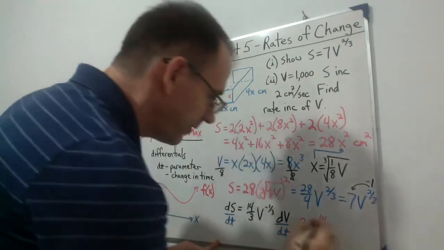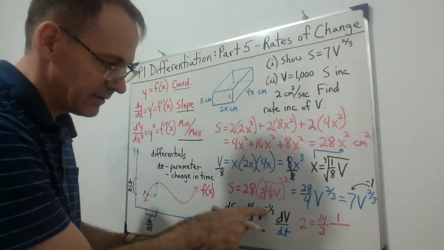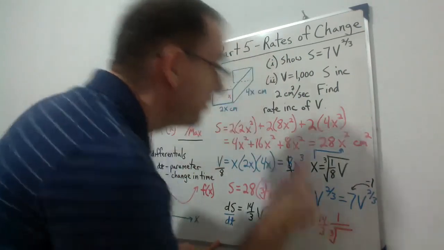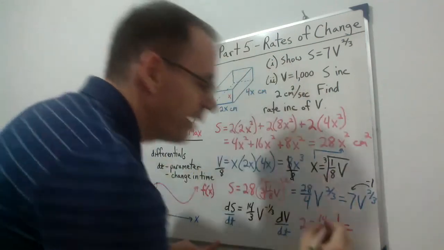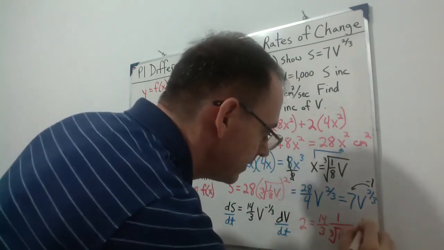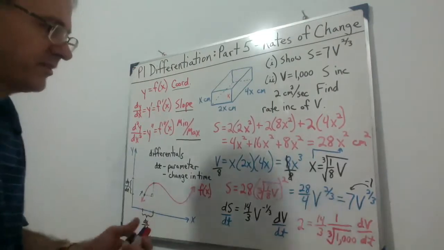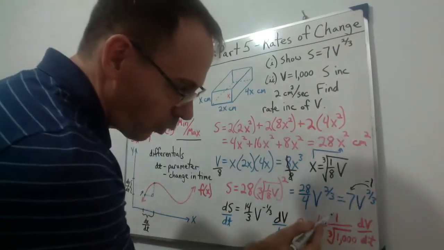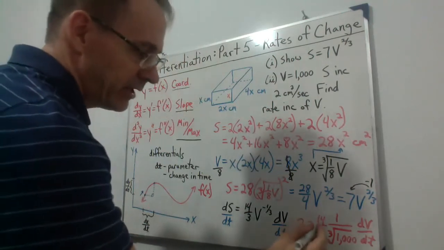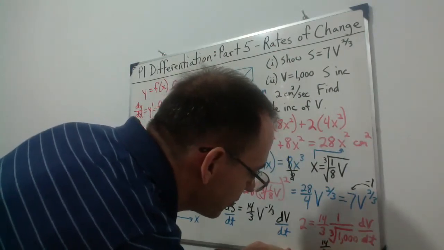And then we have 1 over, because this is a negative here, meaning it's downstairs, the cube root of v, which is 1,000. And then we have our dv/dt. So what that gives us is 1 over 10. The cube root of 1,000 is 10. So we get 14 over 30.